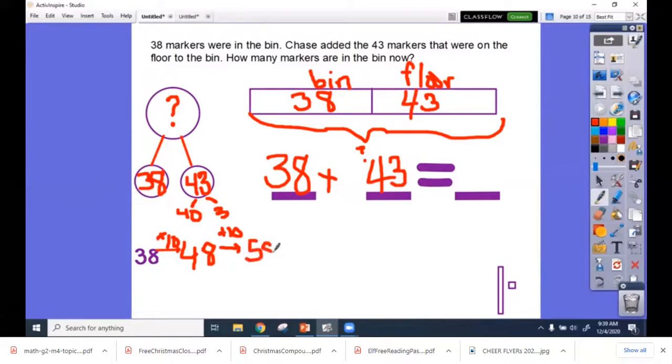That's 20, right? So 10 more is 30. Plus 10 would be 68. Plus 10, 10, 20, 30, 40. Would be 78.